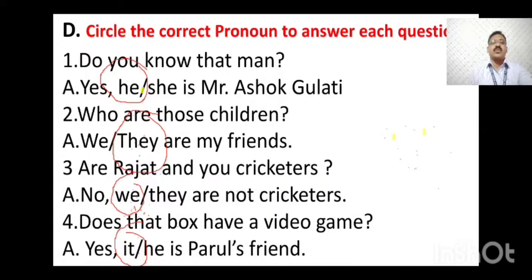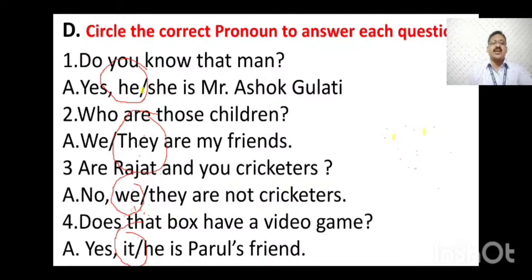Question number 2. Who are those children? Answer: we or they are my friends. So what will be the correct pronoun? They are my friends. So they is circled. Are Rajat and you cricketers? Answer is written: no, we or they are not cricketers.